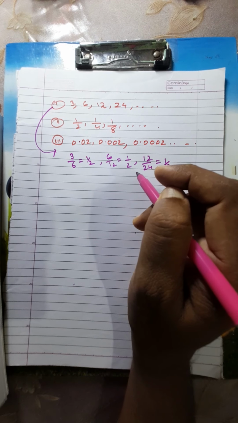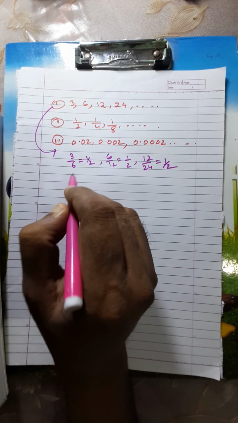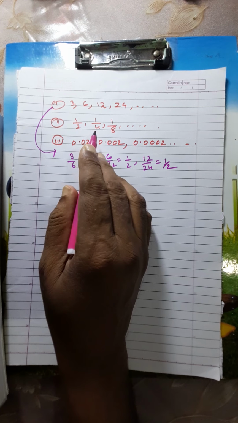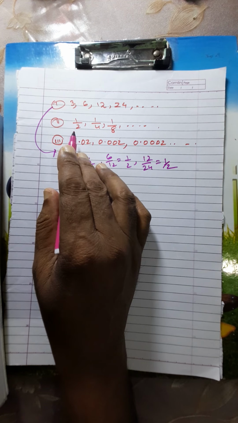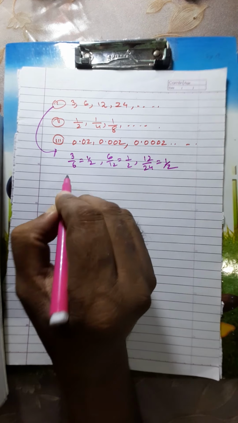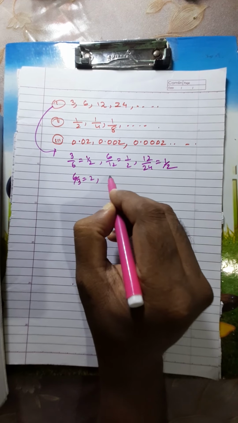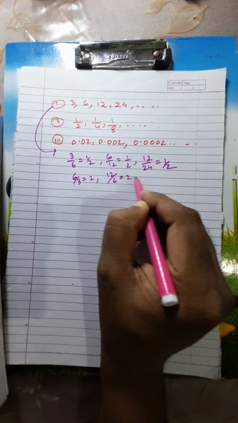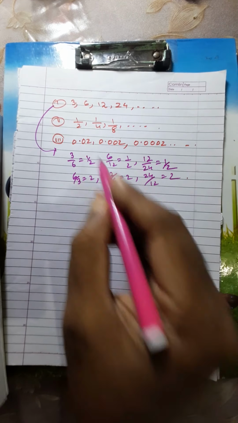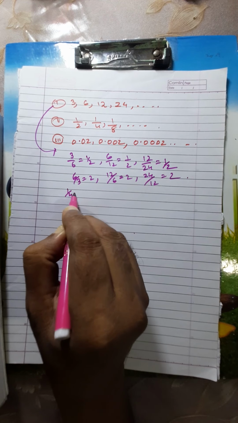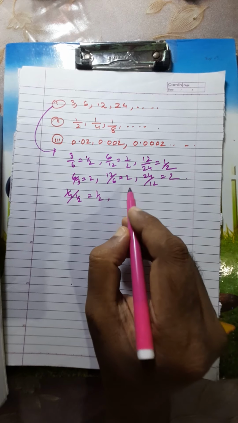Next, in the next case, 1 by 4 by 1 by 2 is 1 by 2.